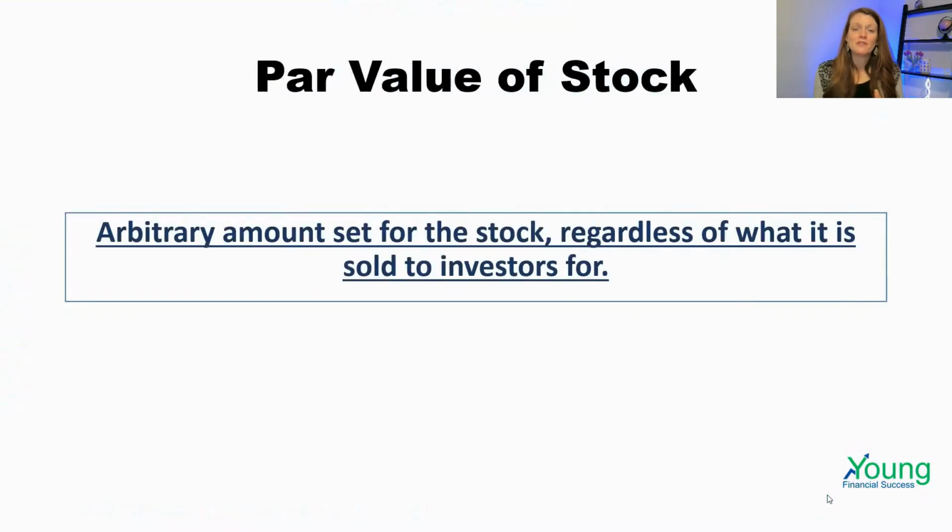Just one more thing I want to cover in this video because we're really just doing a broad overview before we jump into the numbers. There's a par value set for preferred and common stock. This really is an arbitrary amount that is set for the stock whenever they are authorized in the first place, regardless of what they're sold to the investor for.